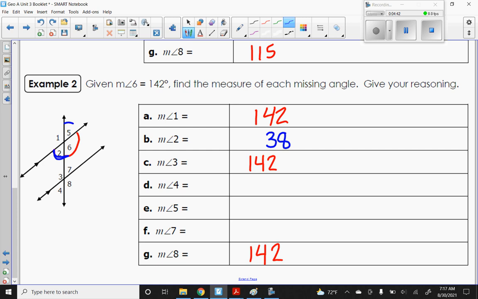Now all these blue angles are congruent. Those two are vertical. Angle 2 and angle 4 are corresponding, so they are congruent. And then angle 7 and angle 4 are vertical and they are congruent. So all these are congruent.